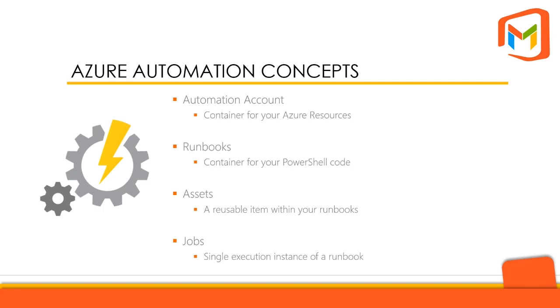So if your PowerShell scripts need a variable or a credential, the job will add them to your sandbox environment and will use this variable and this credential in order to execute your PowerShell scripts. Your job will have multiple states. It could be queued, starting, running, or, for instance, completed or failed.